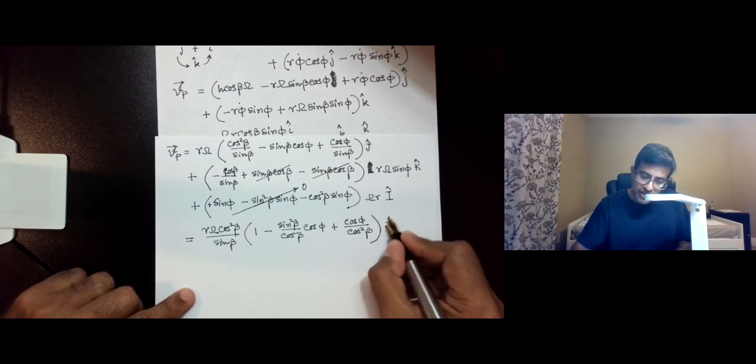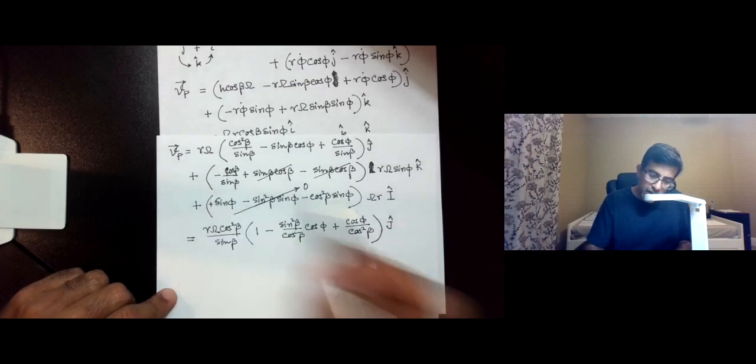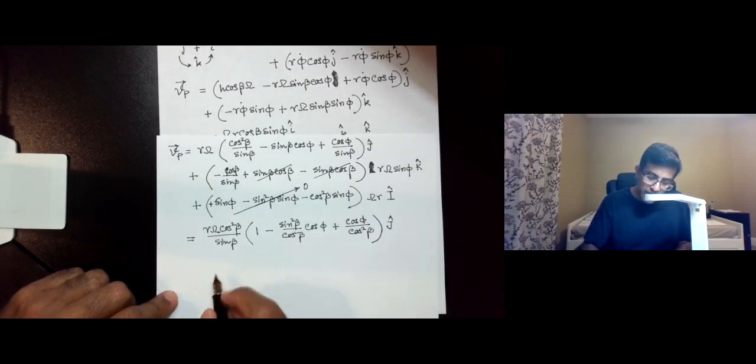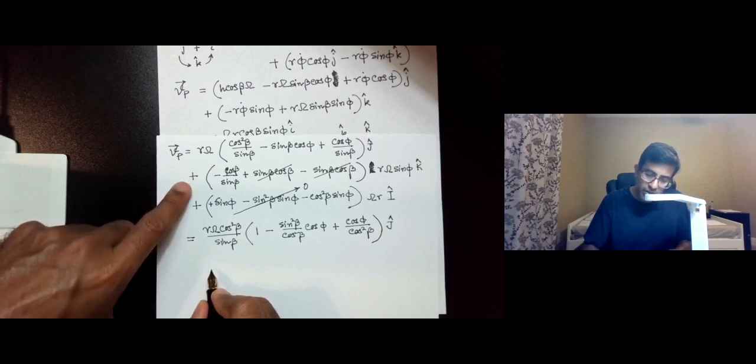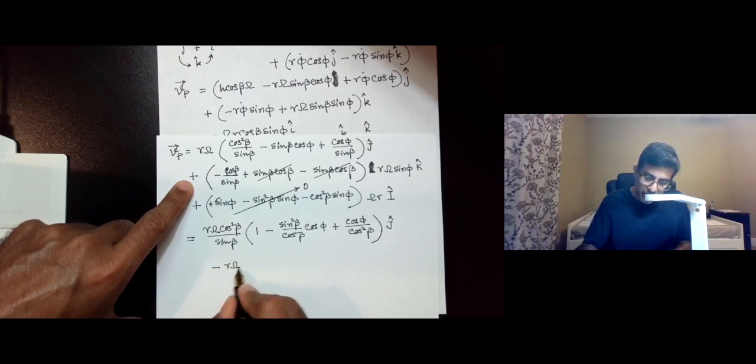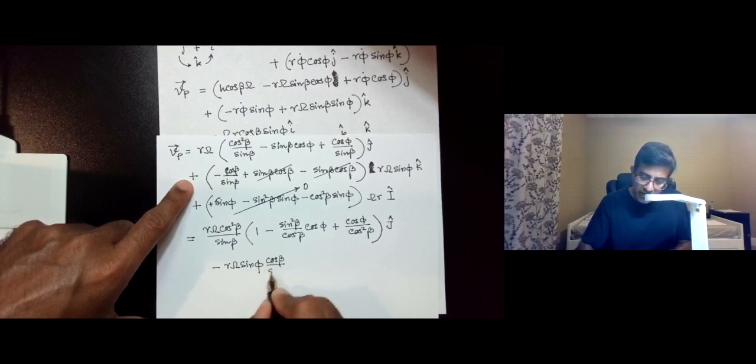And that's in the j direction. The I component has completely cancelled, and so what we have is one component, the one other component, there's a component in the k direction, and that is minus r omega sine phi cosine beta over sine beta k.